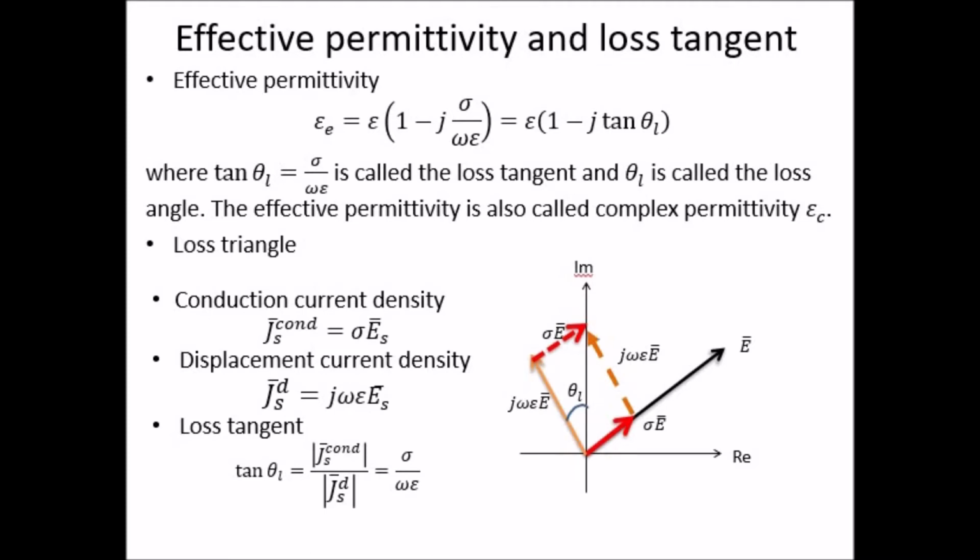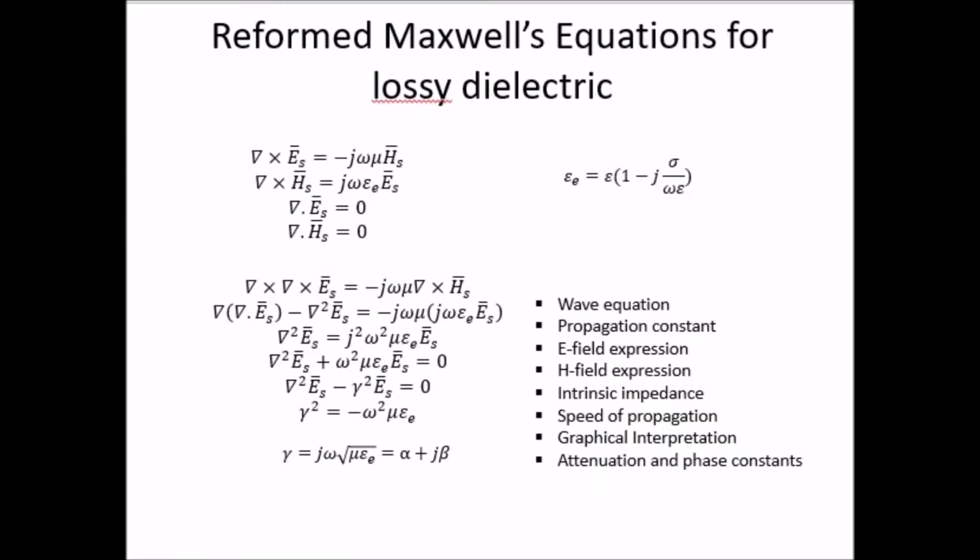So you can find the magnitude of tan theta_L by taking the ratio of sigma and omega times epsilon. So now we write Maxwell's equations for lossy dielectric.